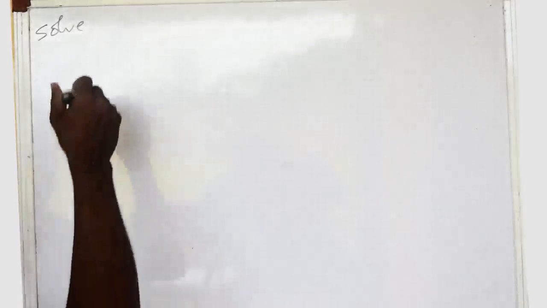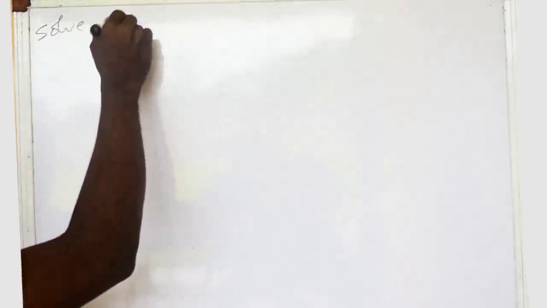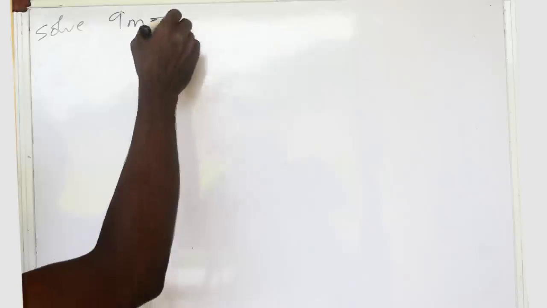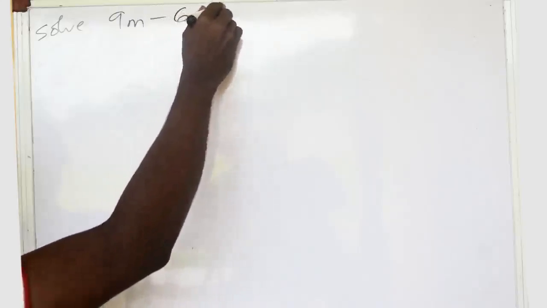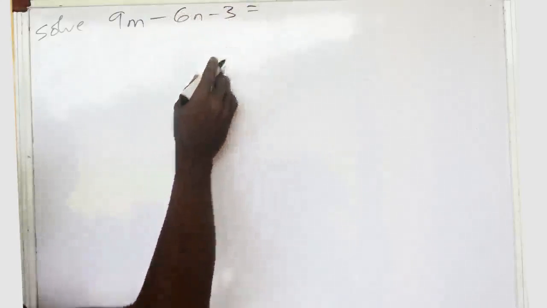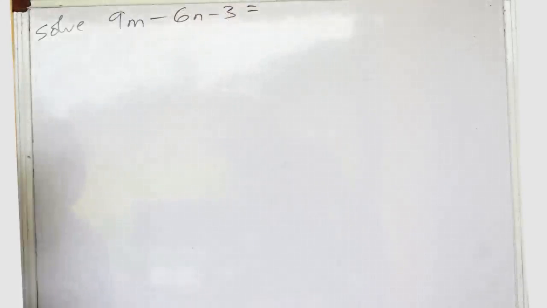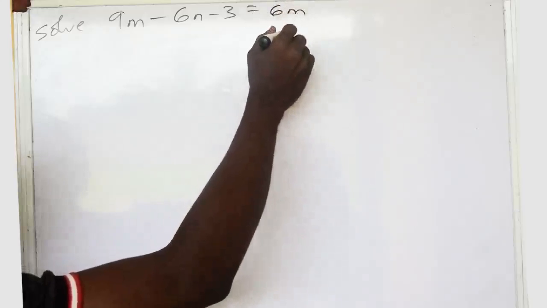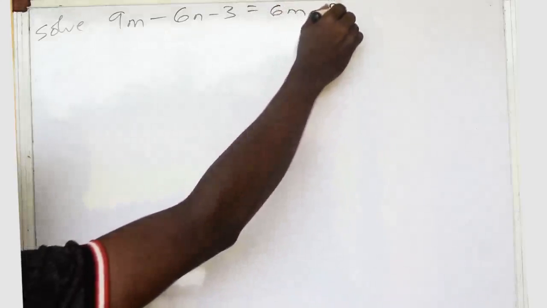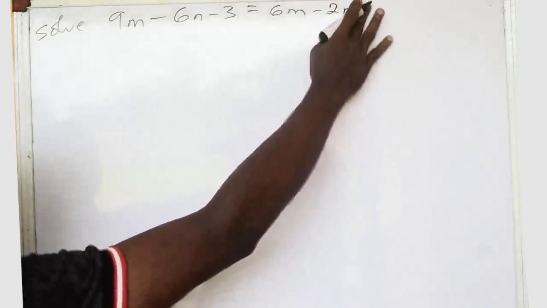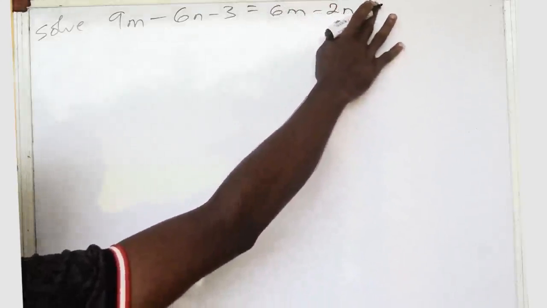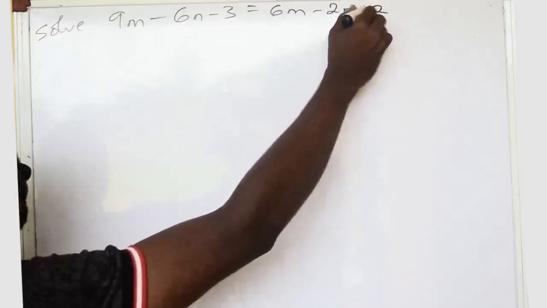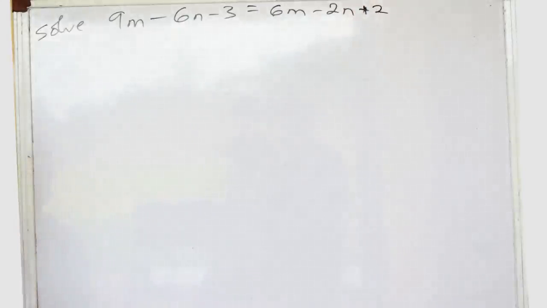I could as well say, solve 9m minus 6n minus 3 is equal to 6m minus 2n plus 2. So how do you go about this?